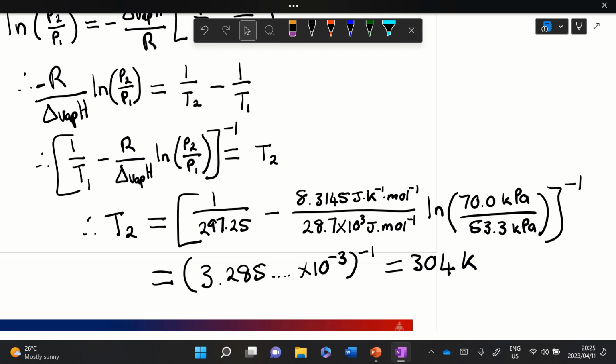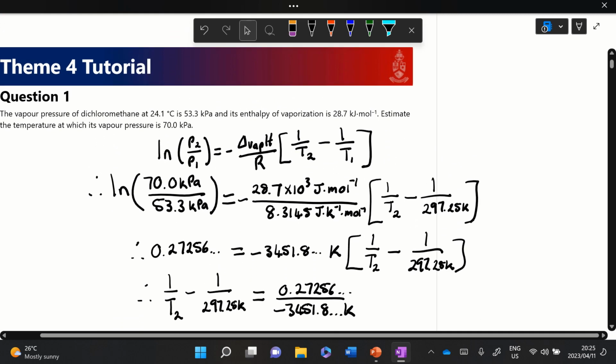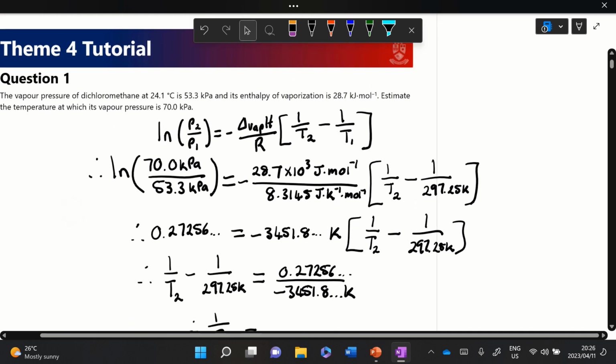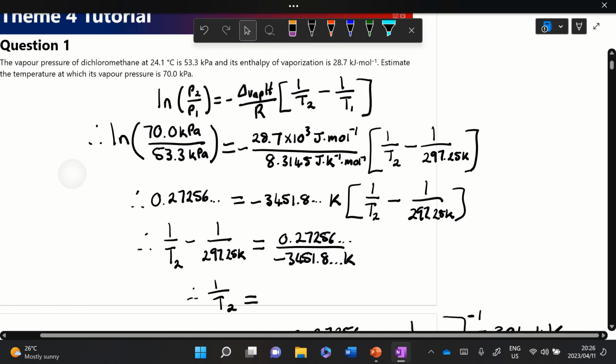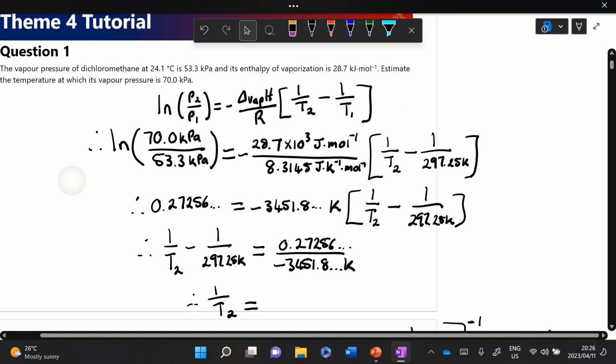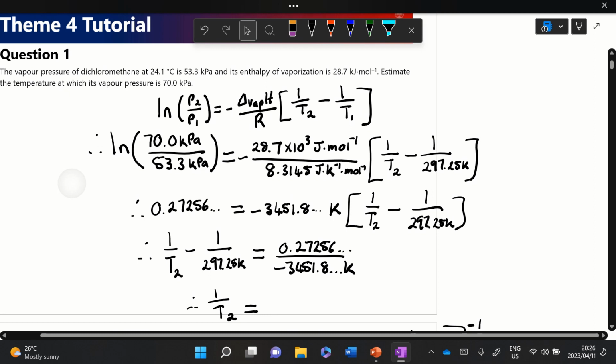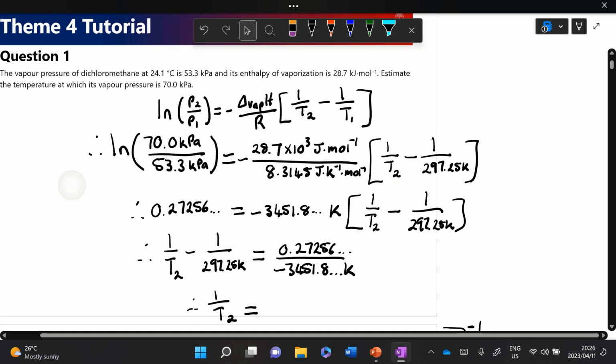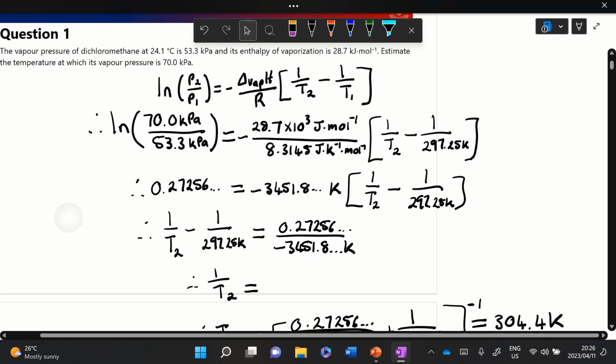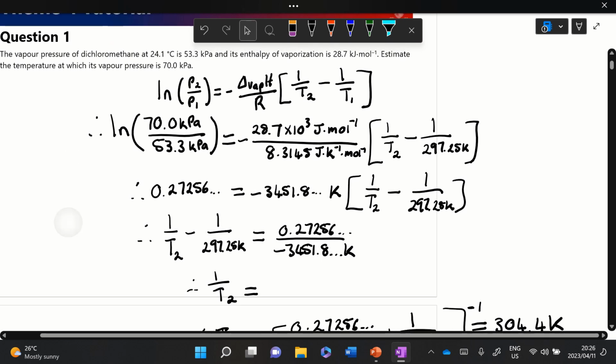Just a straightforward application. Of course, if we want to interpret it a bit, we're at a higher temperature, higher pressure, so it makes sense. The vapor pressure should be higher at the higher temperature, because we expect a sort of linear increase with the higher temperature, as the equation dictates.